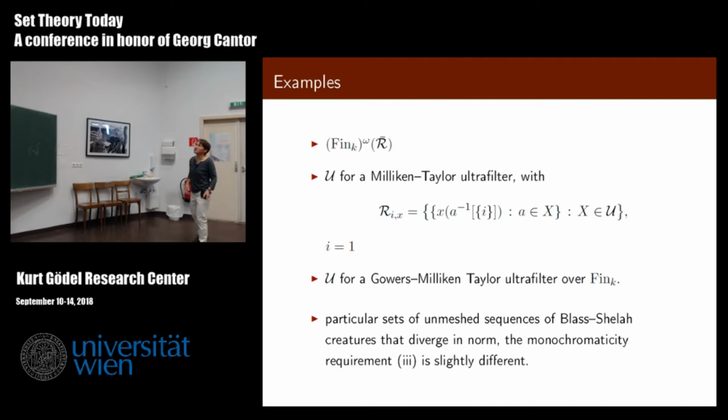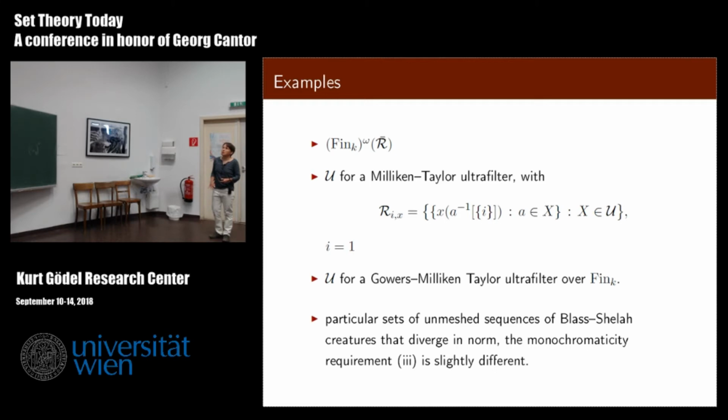So examples are the full space, then the one which I already had here, this Milliken-Taylor ultrafilter, and the R will be just its projection, and I equals 1. This was the known case here. This is also in this Blass paper. If you take a stable ordered union ultrafilter, its minimum and its maximum projection are non-nearly coherent Ramsey ultrafilters.